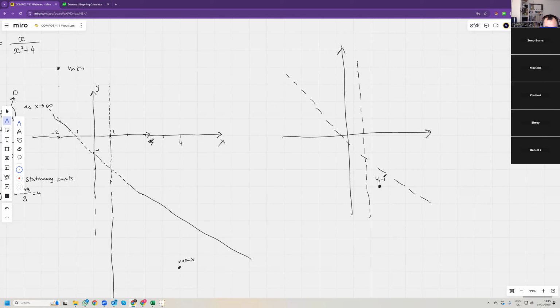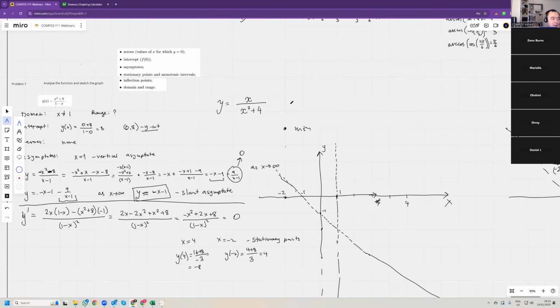And I have a point minus 2, 4. And the graph goes like this. Sorry, it's supposed to be a minimum. Let's check if that actually materializes.